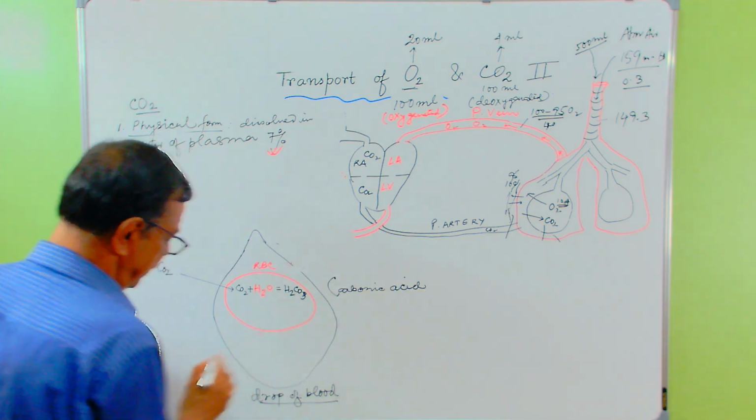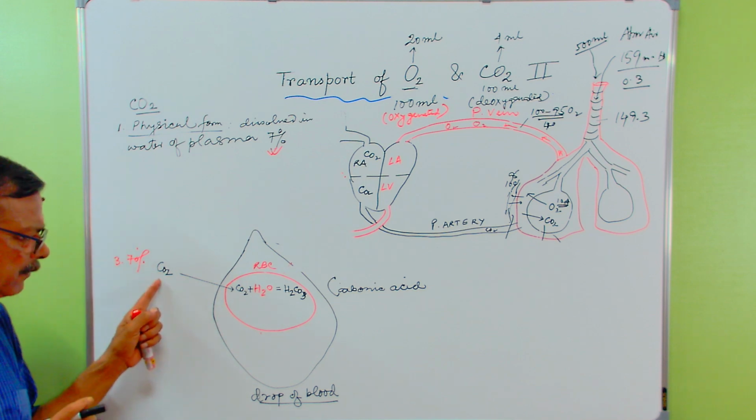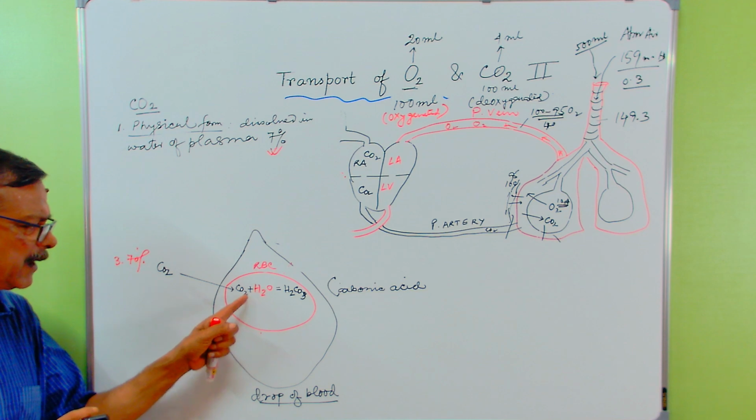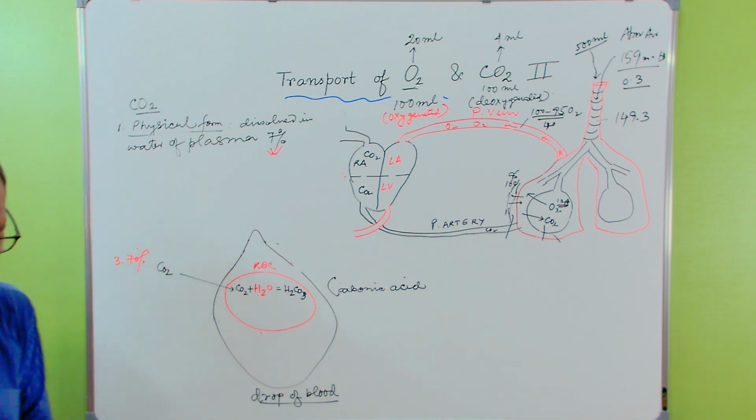Clear? So initially the CO2 goes into RBC, mixes with the water of RBC, and forms H2CO3, carbonic acid.